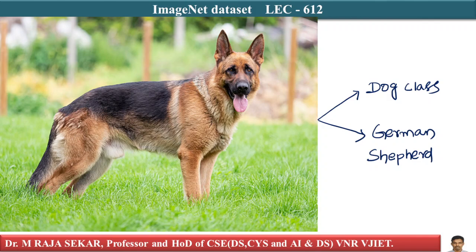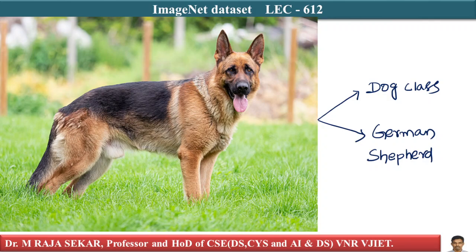That's what the ambiguity is all about. Even people sometimes, those who don't know the breeds of dogs, would say it is just a dog. Those who are experts in dog breeds can say this is a German Shepherd dog, like that.